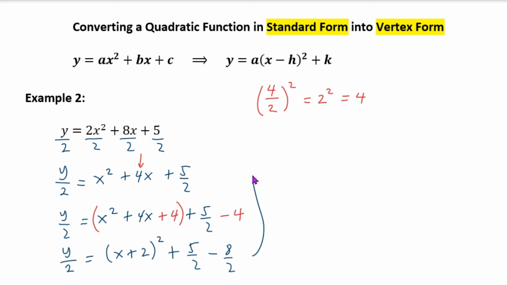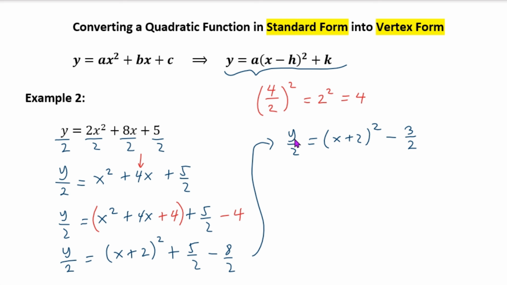So we have y over 2 equals quantity x plus 2 squared minus negative 3 over 2. Now if you look at this one, the vertex form, the left hand side is y, right?